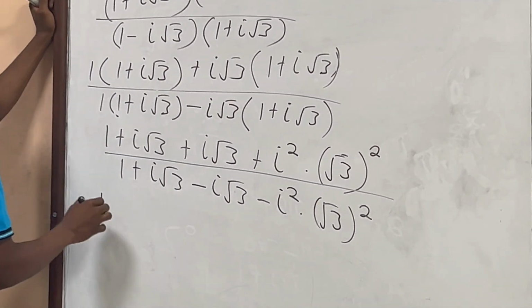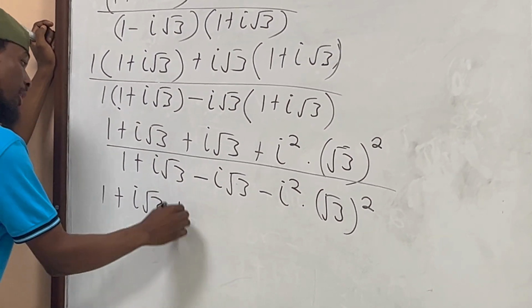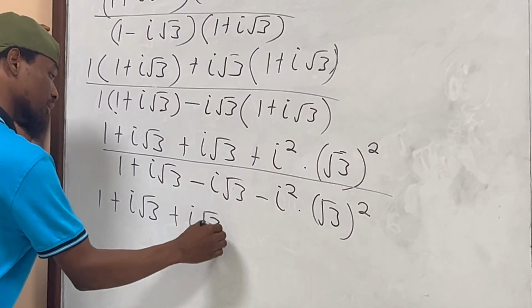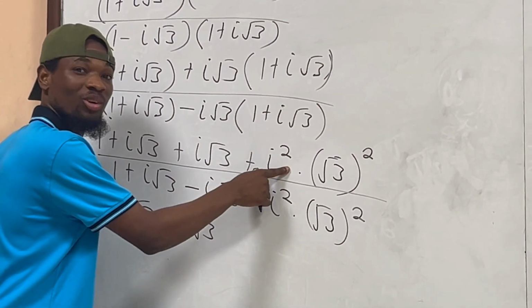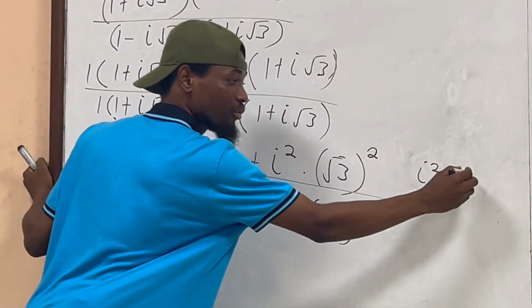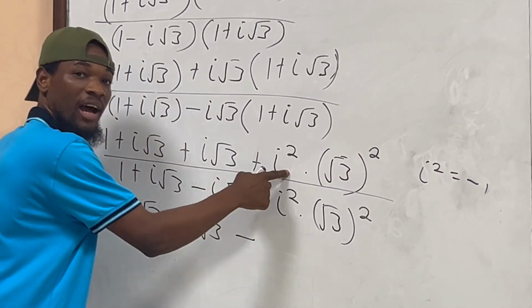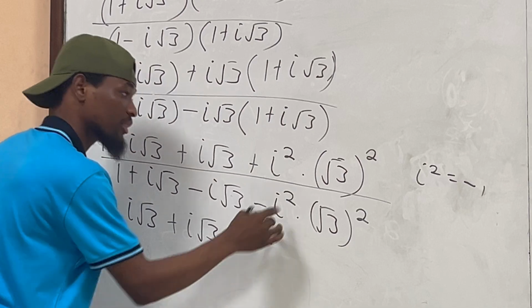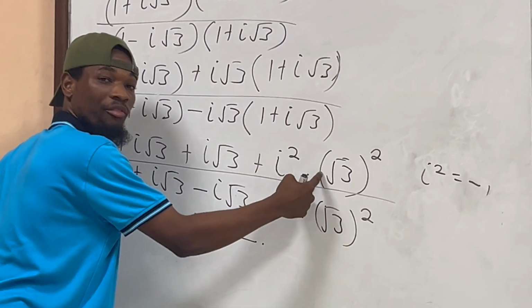So I have 1 + i√3 plus i√3, then i squared is the same as −1. Remember, i squared is the same as −1. So I have negative here because of the i squared, times 3, since squaring takes off the radical sign.